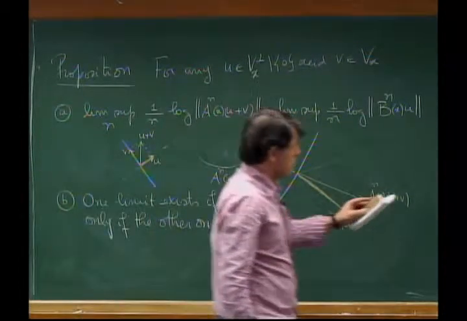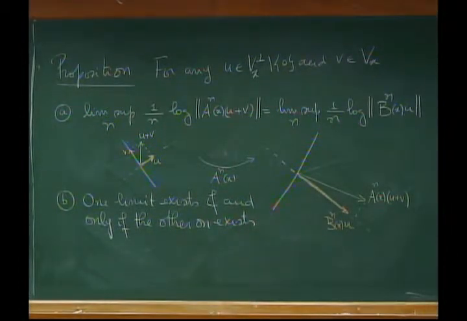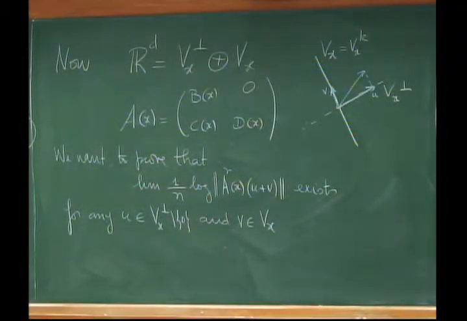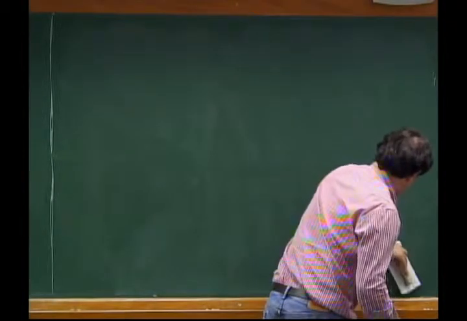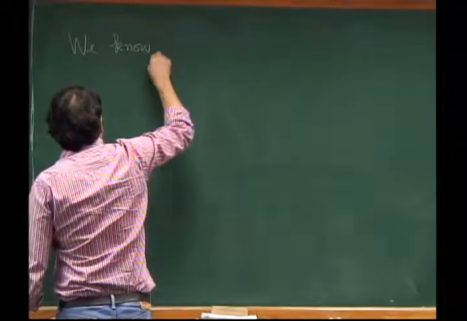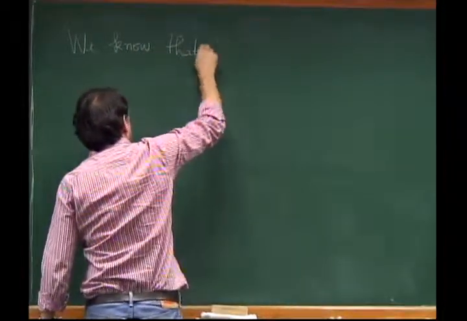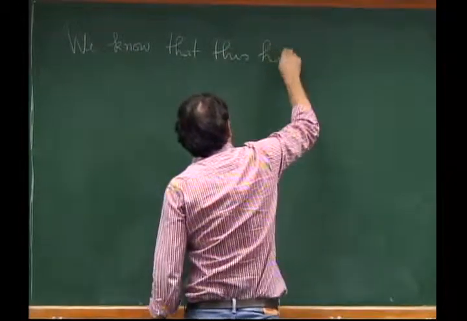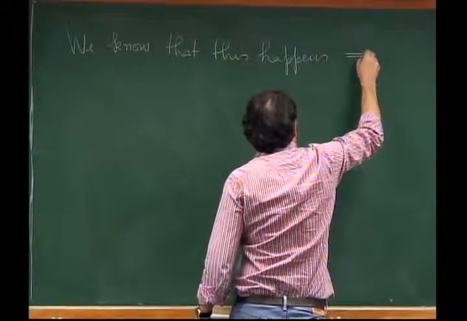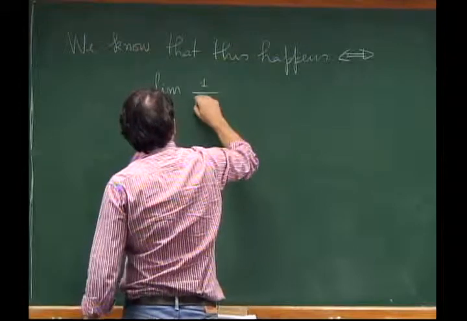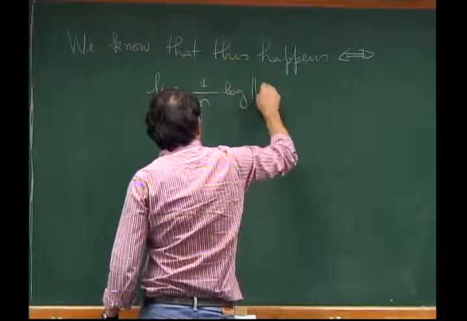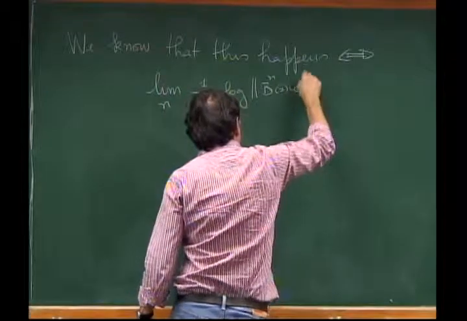We know by this proposition that this happens if and only if the limit 1 over n log norm of B_n x u exists.